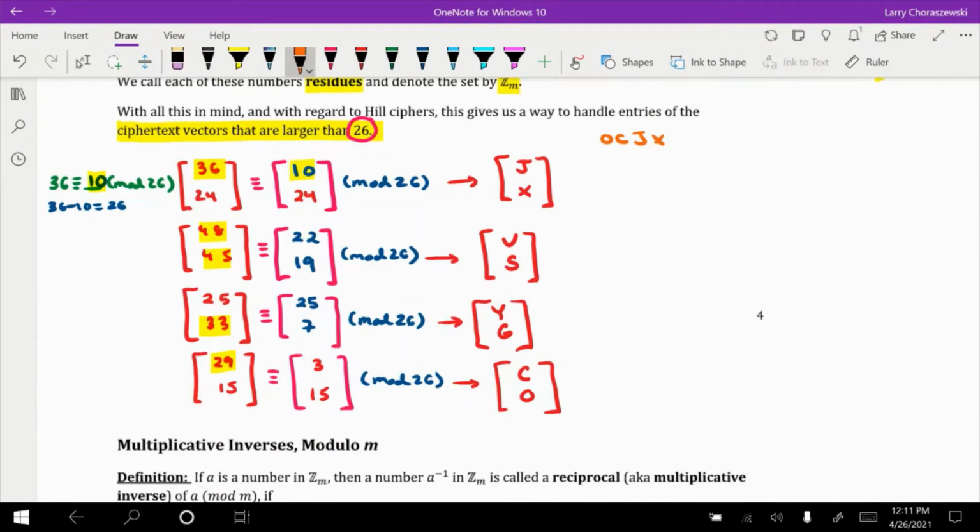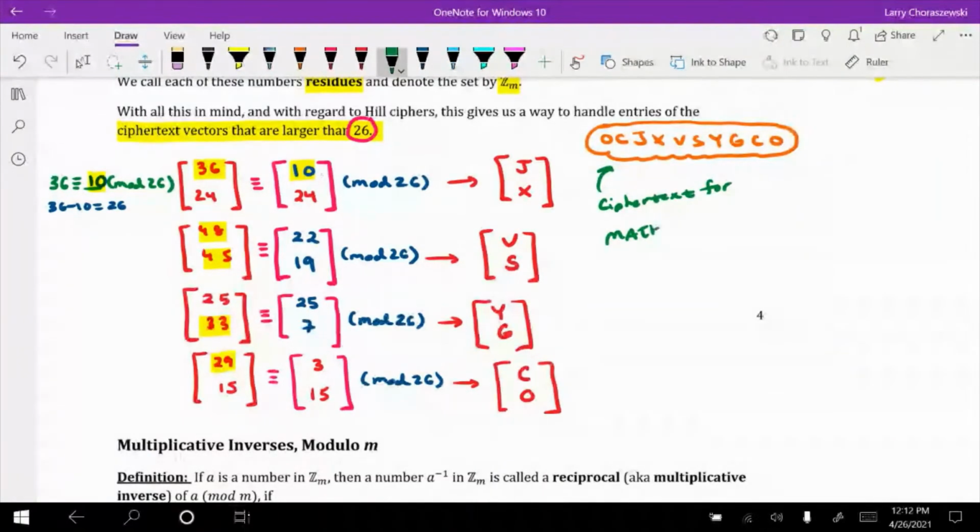OCJX, and then VS, then YG, and then CO. So this right here is the encrypted version, or in other words, ciphertext for Math Rocks with E. Okay, makes sense?